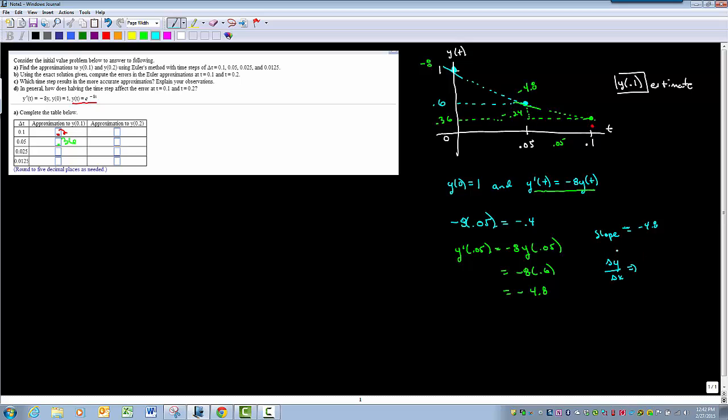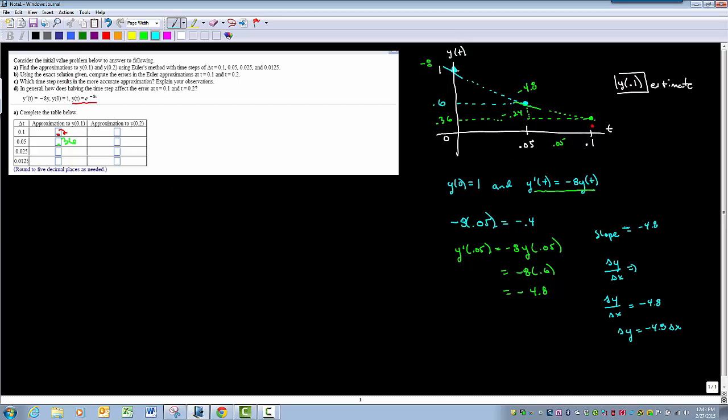So the question is, what is the change in the y? We have change in y over change in x is equal to negative 4.8. We know the change in the x, so the change in the y is equal to negative 4.8 times the change in the x. So I took this guy, multiplied by the change in x to get my change in y value right there.